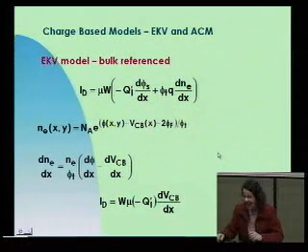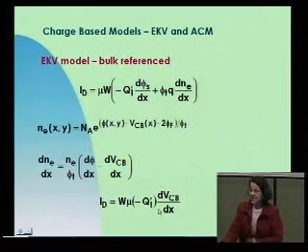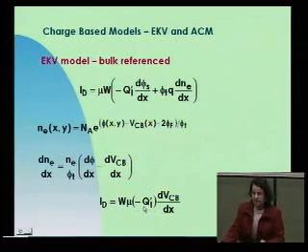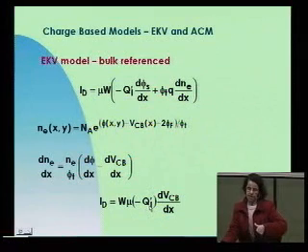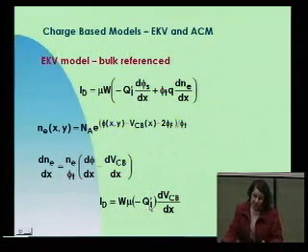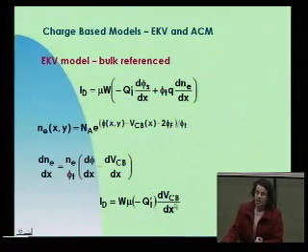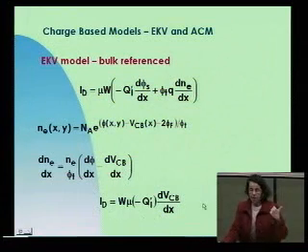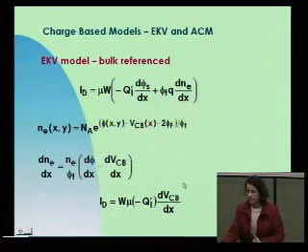Now, what the EKV trio had done, they expressed the inversion charge density as approximate functions of the channel voltage, and they integrate this expression with respect to the channel voltage.